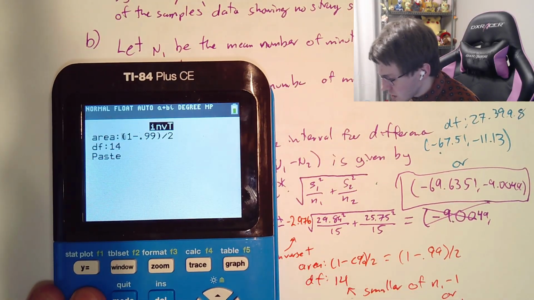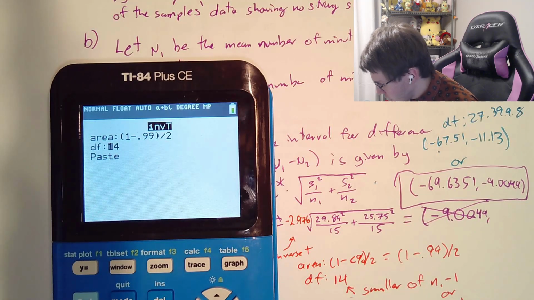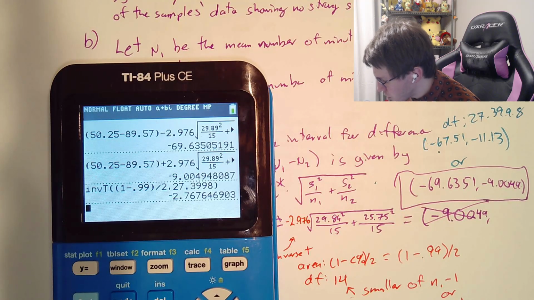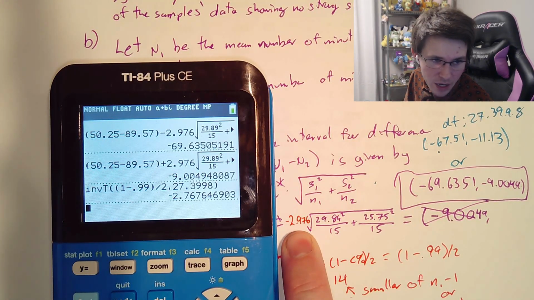Regardless, inverse t, and then degrees of freedom: if I change that to 27.3998 and then paste, you'll get the negative 2.76 in our thing there.